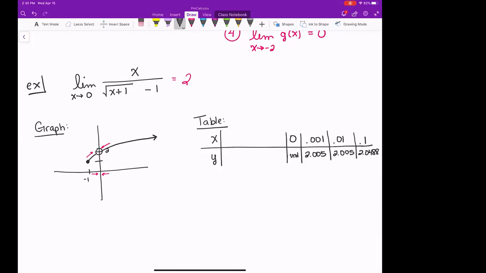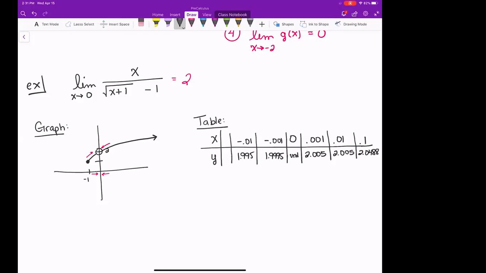Go to the left-hand side. So I had negative 0.001, and that was 1.9995. Then I had negative 0.01, and let me just do it real quick. That was 1.995.